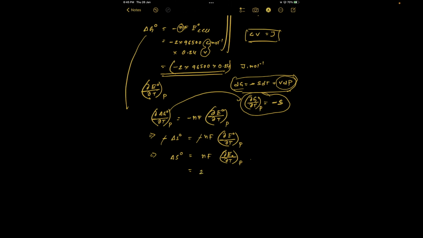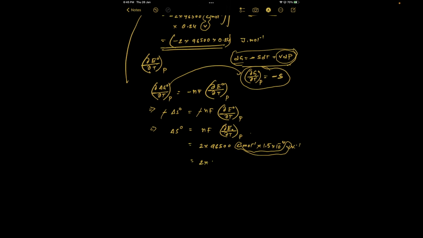So n equal to 2, F equal to 96,500 coulomb mole inverse, times ∂E0/∂T, value is given, 1.5 times 10 to the power minus 4 volt Kelvin inverse. Now this coulomb and this volt will together form joule.